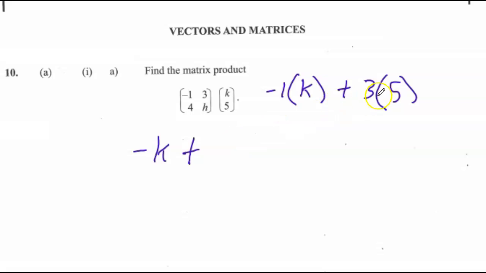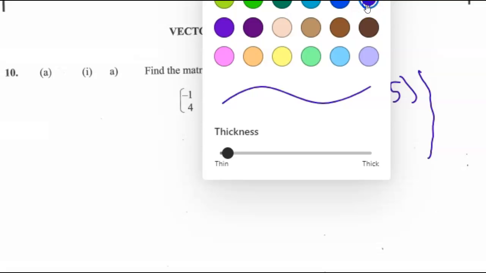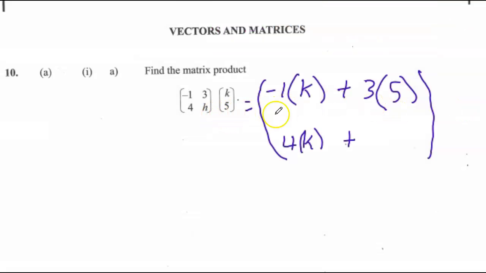So negative 1, and then what we'll have in here below now. The next row by the same column, 4, h times k, 5, so 4 times k plus h times 5, or 5h.